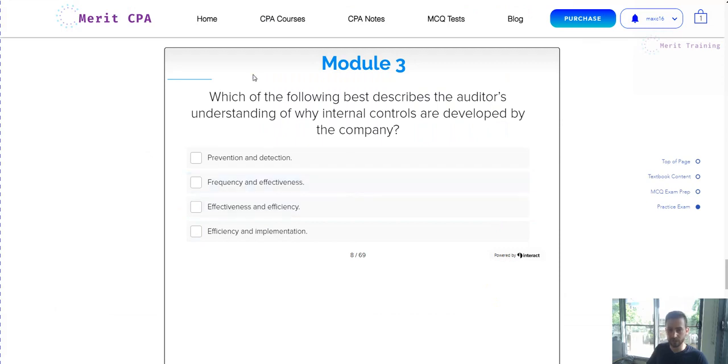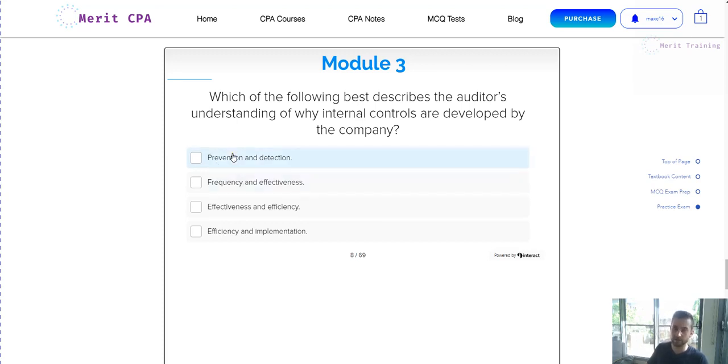Which of these is best fitting that? Well, I can see this one has the exact same wording, prevention and detection. Makes sense because of the prevention part of the control. For example, one example of a control that I was giving you before is in payroll software: if the employee equals casual, do not allow input of casual sick leave.